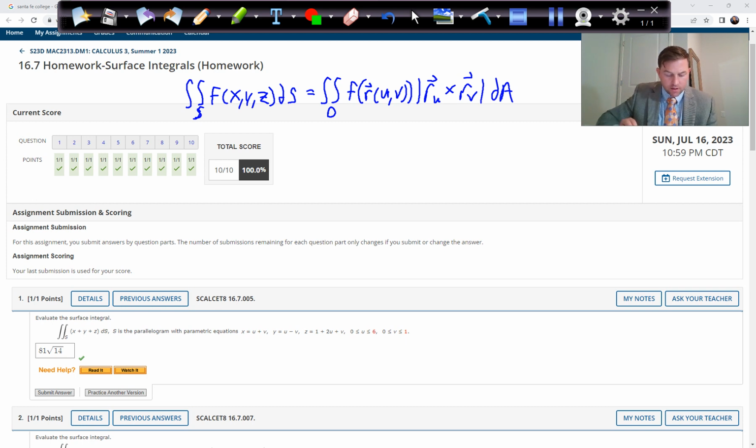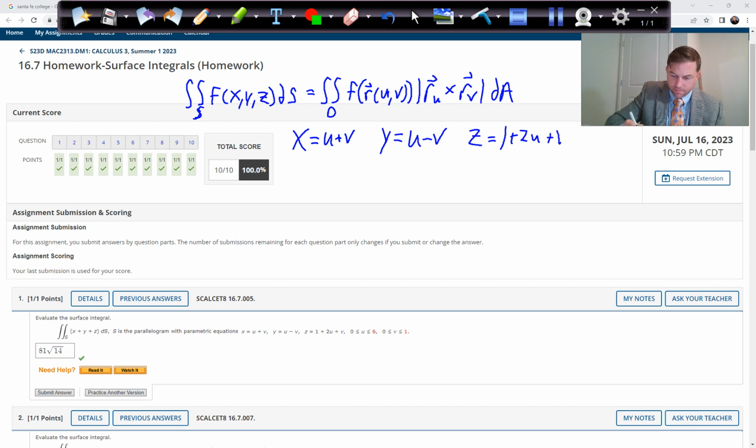So in this problem, we have x equals u plus v, y equals u minus v, and z equals 1 plus 2u plus v. So r_u, the partial derivative of r with respect to u, is just the partial derivative of these three equations with respect to u, and I'm going to write it in compact vector form.